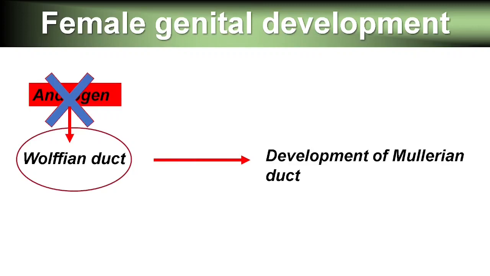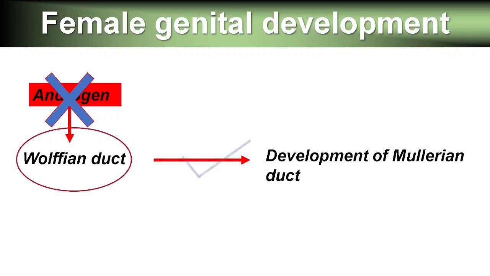The female system doesn't require special stimulation for the development of the Mullerian duct. For the development of the female tubular genital system, there must be absence of androgen. Then the Mullerian duct will develop automatically.